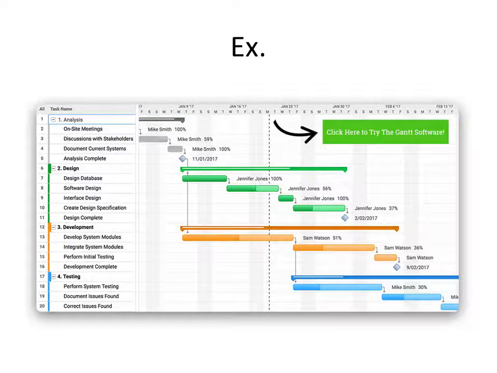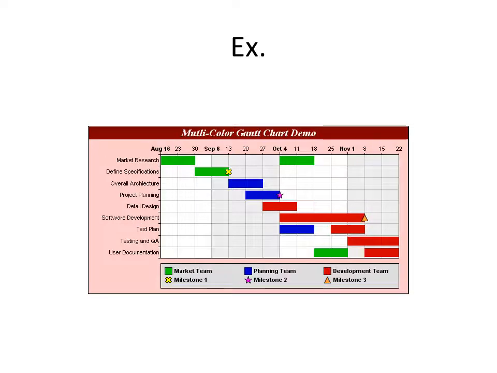This is another example. Here they write analysis, and these are the steps: design, develop, test. Up top you see January, but here 17, 16 to 17, 29 to 17. So depending on your project, you have to be flexible. Here is another example, another design.